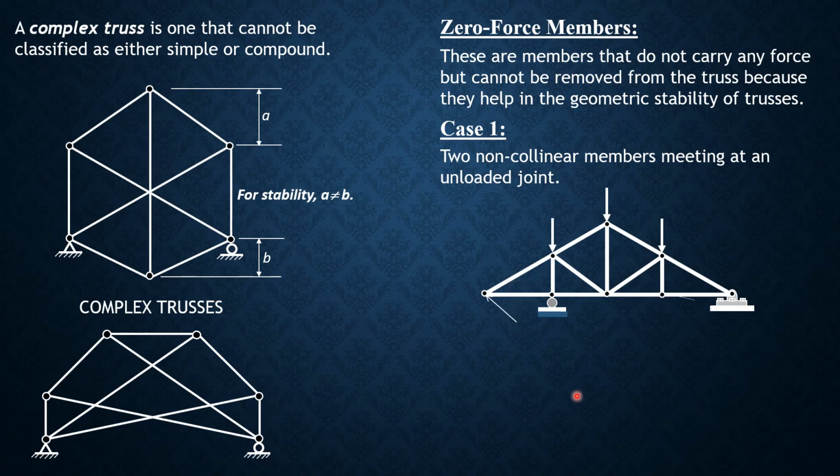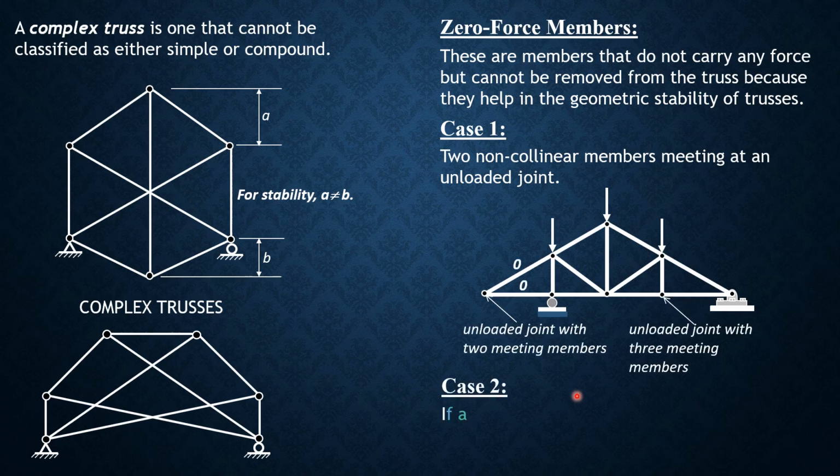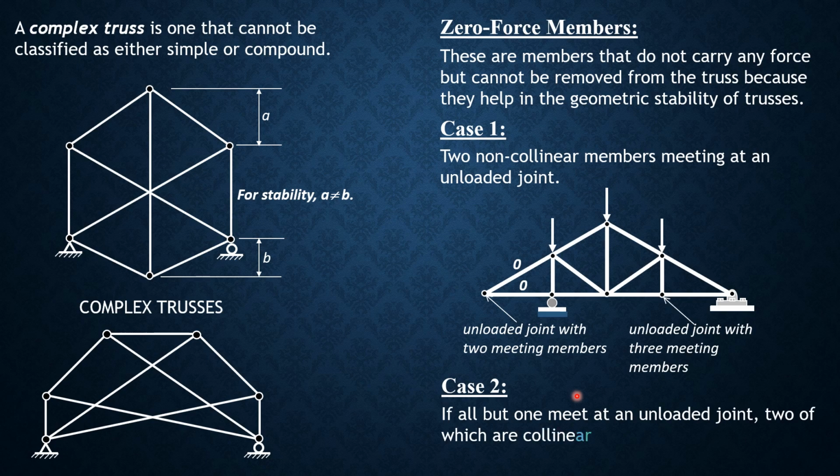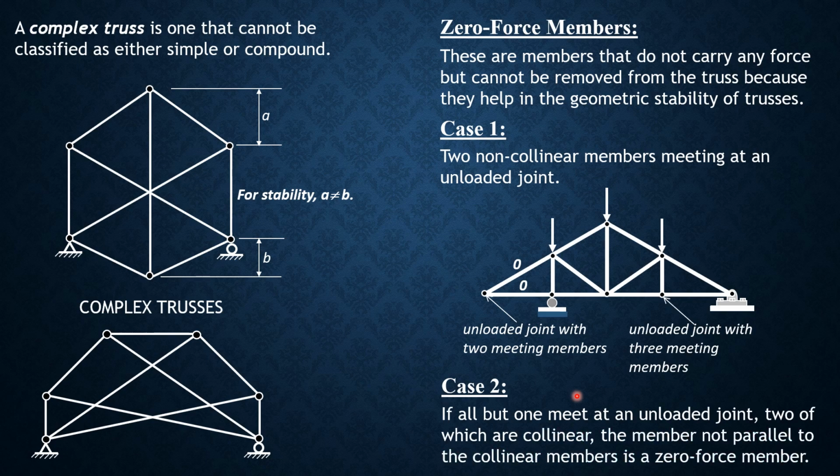So for case 2, if three members meet at an unloaded joint, two of which are collinear, the member not parallel to the collinear members is a zero force member. Or the member whose line of action is unique carries no force. This is the situation I'm referring to in case 2 here.